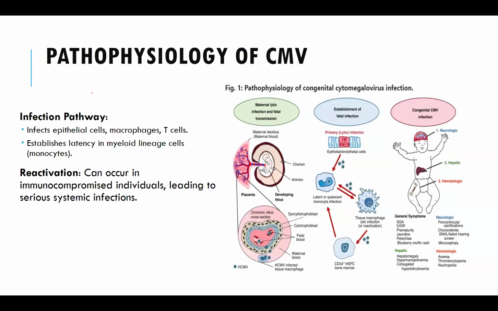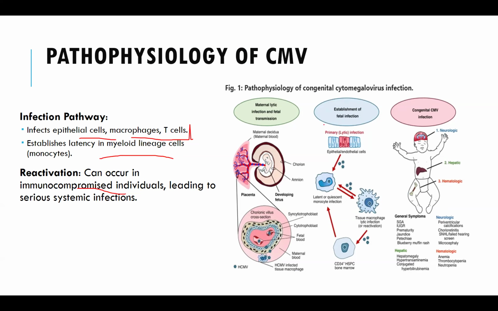So in the pathophysiology, this infection of CMV usually loves infecting your epithelial cells. It can infect macrophages and T cells as well, and it will establish latency in the myeloid lineage of cells, including the monocytes. And reactivation can occur in case your immunity is a little bit compromised, leading to systemic or serious infections.